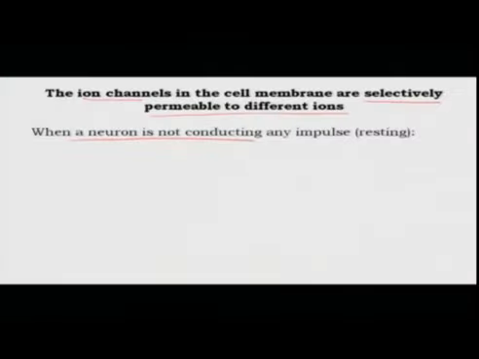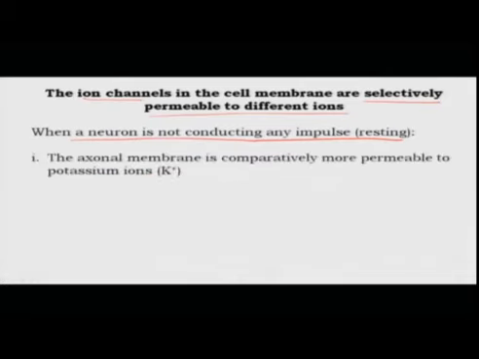So, let us see, when a neuron is not conducting any impulse, it is said to be in a resting state. Now, in the resting state, what is the condition of these membranes? The cell membrane is not that much permeable to sodium. Instead, it is quite highly permeable to potassium ions.